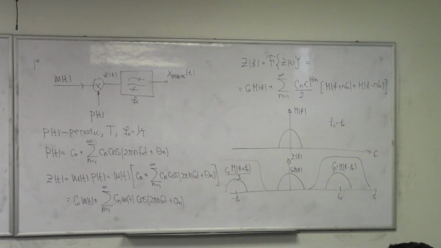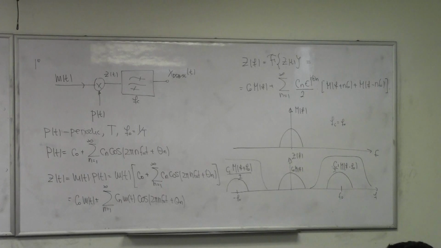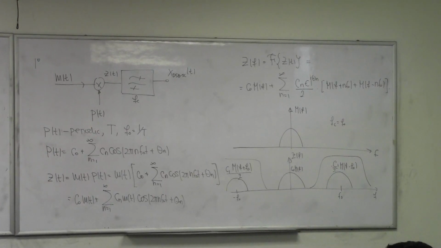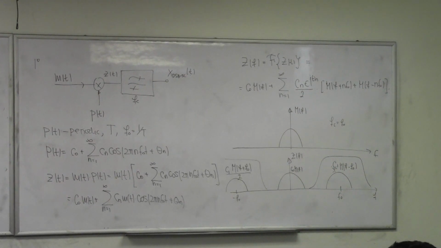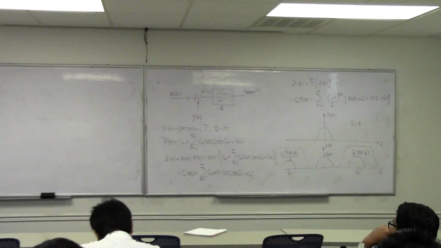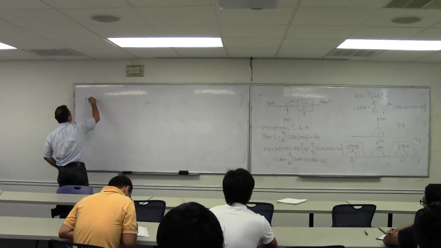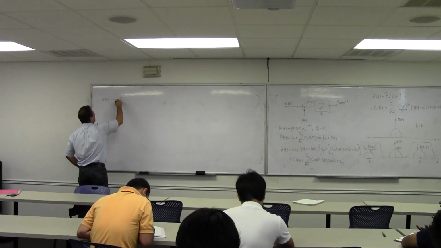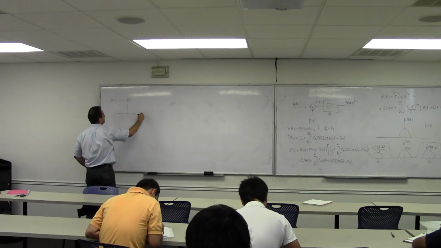Let me just spend a little time to highlight this here. You have your message signal, M of t, that you're going to multiply with this signal.